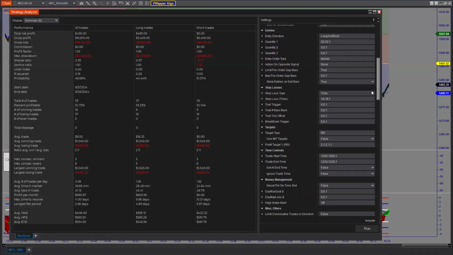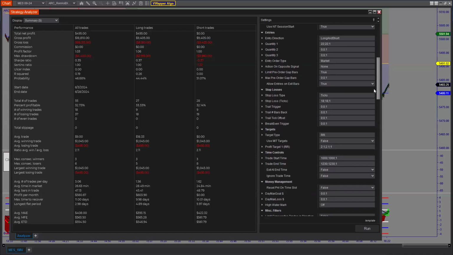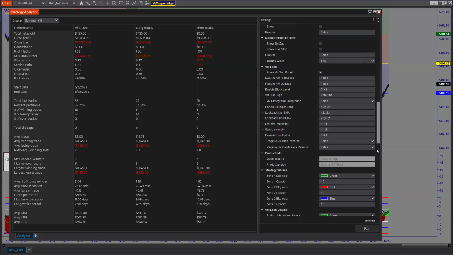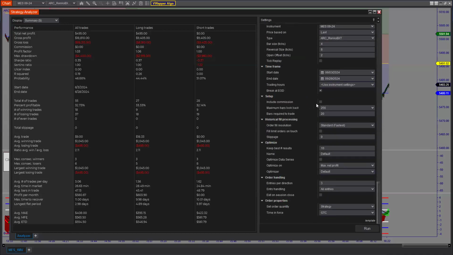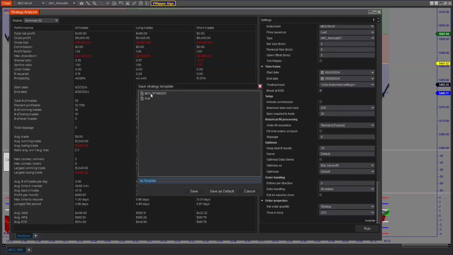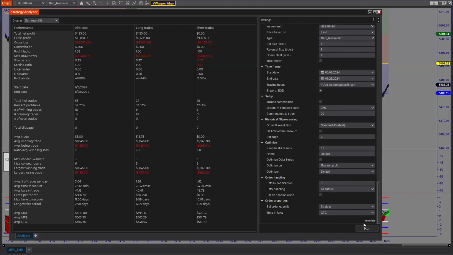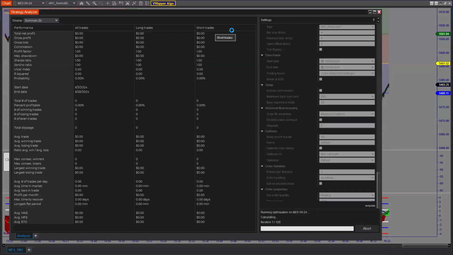Going down. It's fine. Okay, let's save it again. Optimize. Let's run it. I got 128 tests. Shouldn't take too terribly long. We'll see how long this is going to be. Easier, obviously, to do it in one fell swoop if you can. If I have to break it up, I will, but hopefully not.